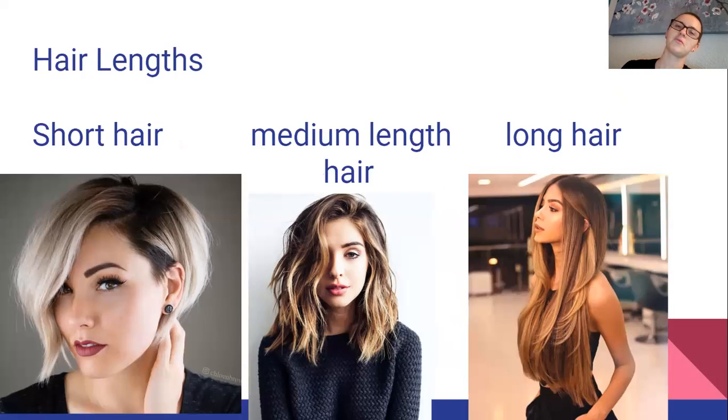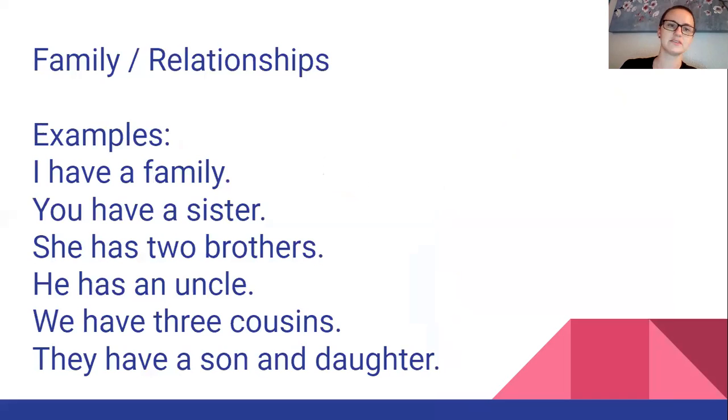Now, there are other ways we can talk about our hair, our eyes. We'll get to that as we come back to using am, is, are, and we'll talk about that a little more later in this lesson. We will need to talk about possessives. Again, that's all coming. We're going to finish up have and has for right now, though, with family and relationships.